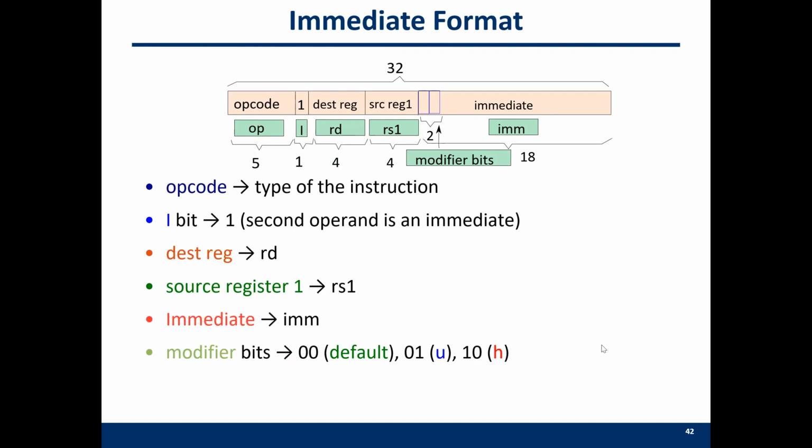So in this way, we only leave 16 bits for immediate data, which means that you cannot have a super large immediate data. The immediate data has to be represented by 16 bits.